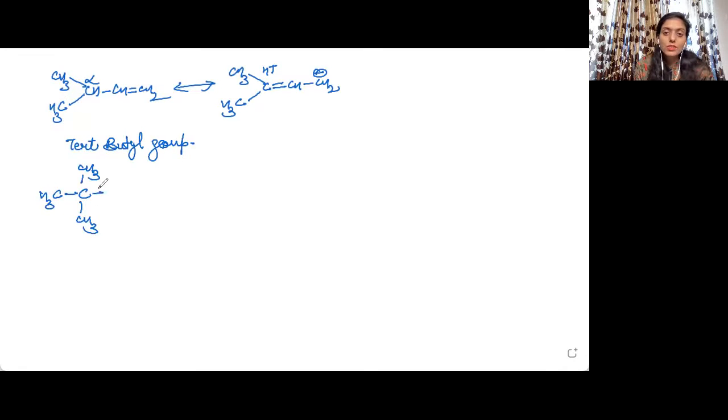This group does not contain any alpha hydrogen when it is attached to C double bond C. So we can write it like this. So no hyperconjugating structure, or no hyperconjugation.